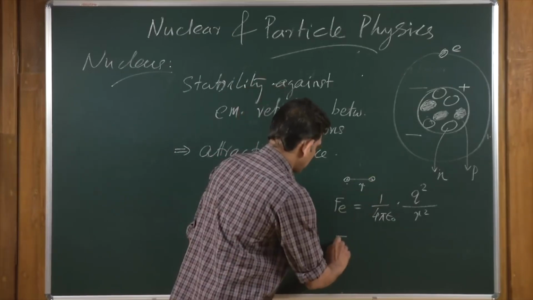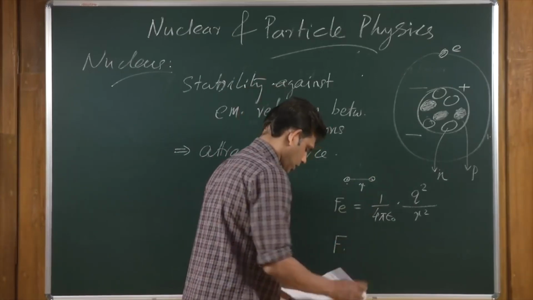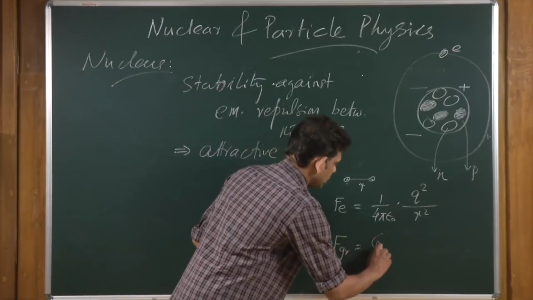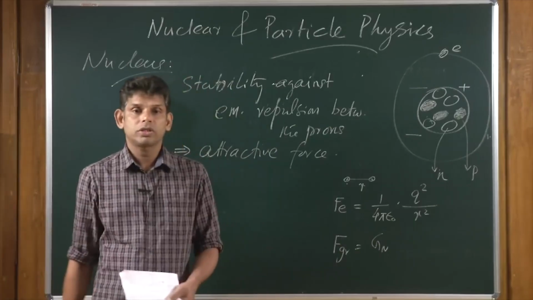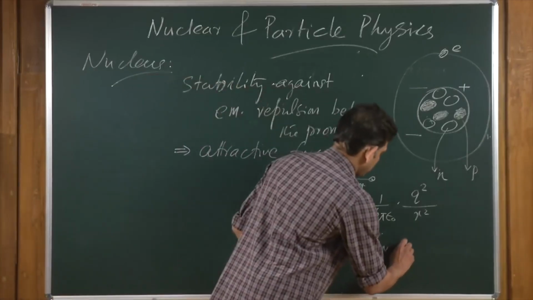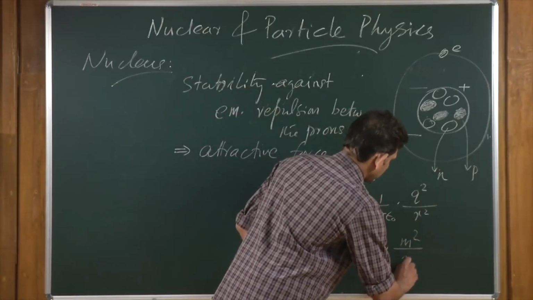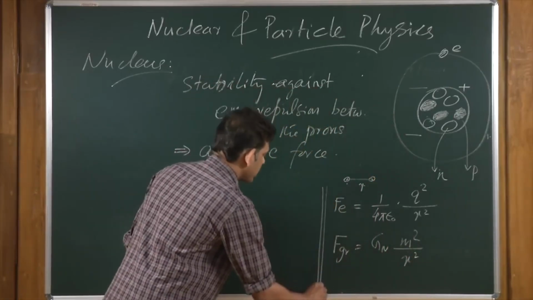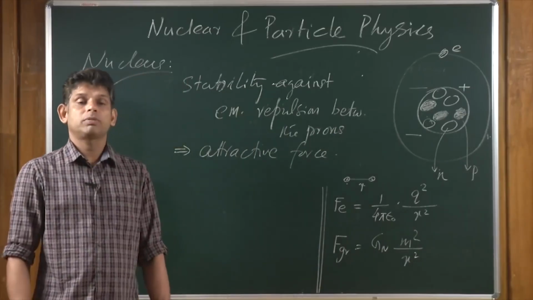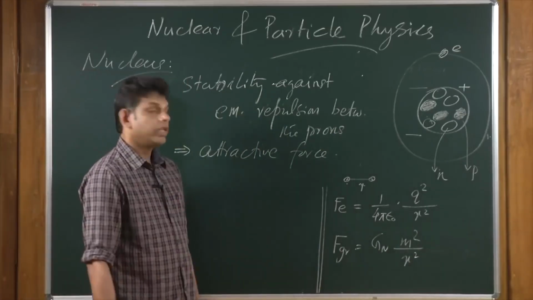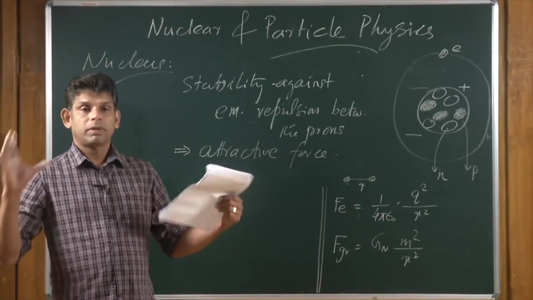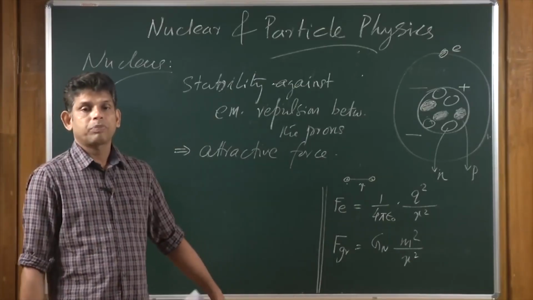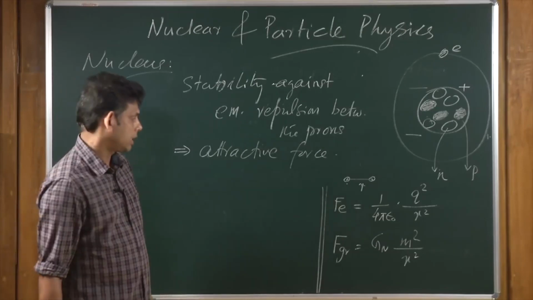What is the gravitational force between two protons? It is the Newtonian gravitational constant, times the square of the mass, divided by r square. Let us compare these two and see which one is bigger. We need some attractive force which is larger than the repulsive electric force.